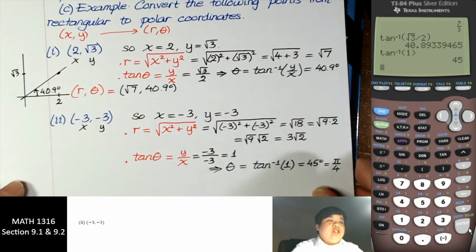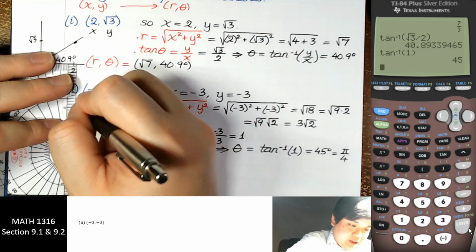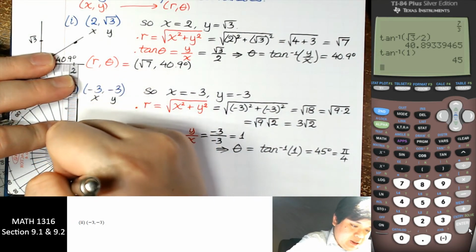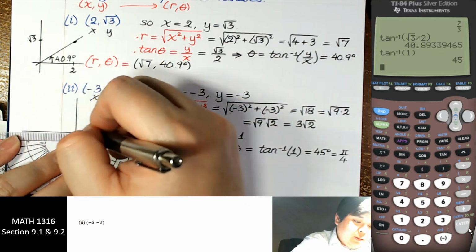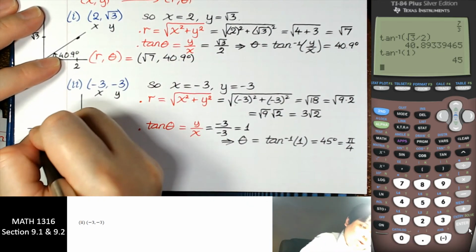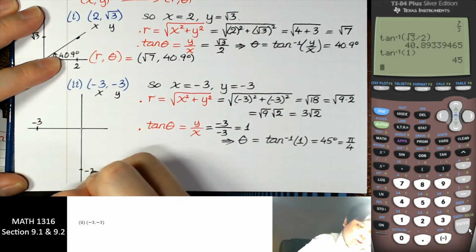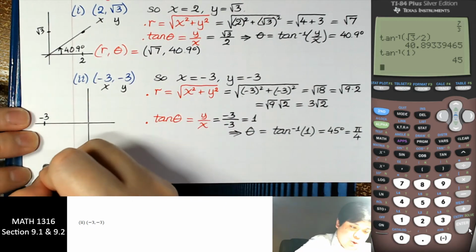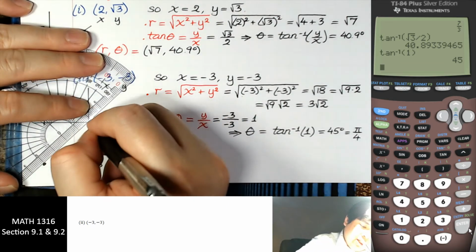Right, now let's sketch. So we have the point -3 and -3. So the point is right here.